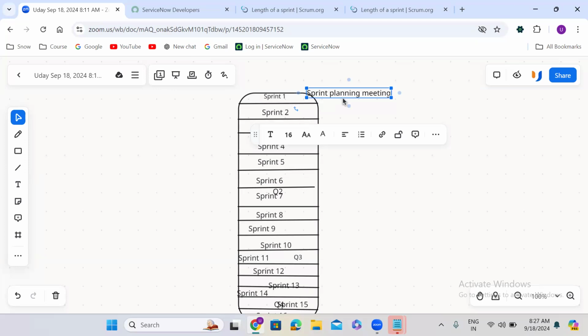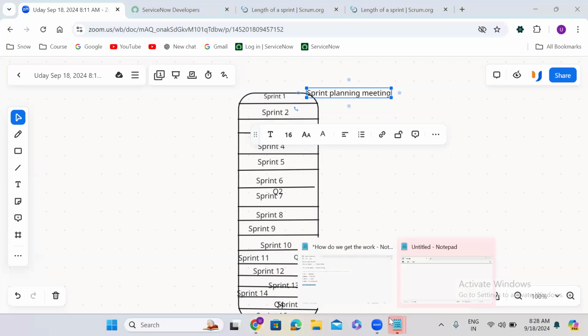Remember this point. The sprint planning meeting will happen 16 times a year.